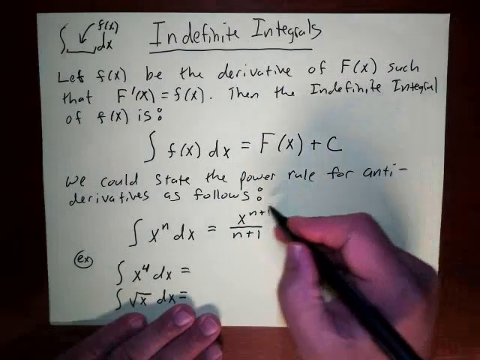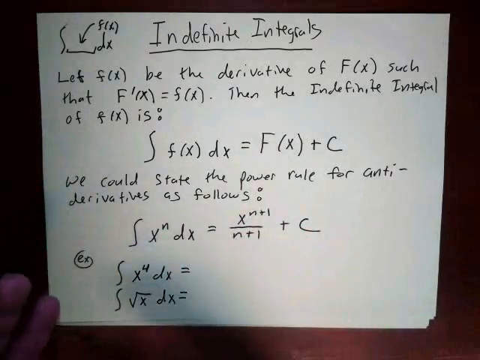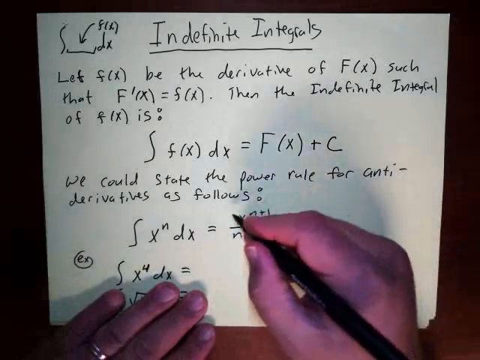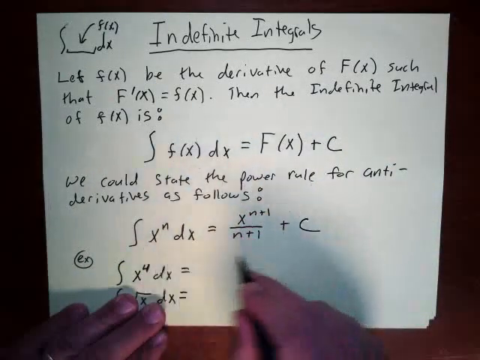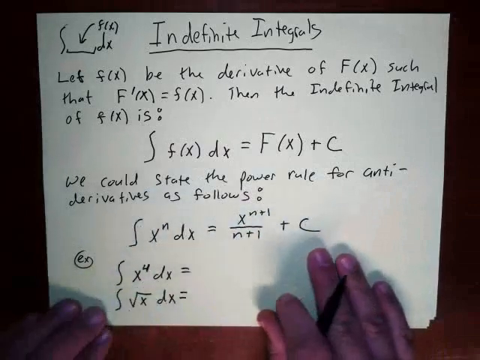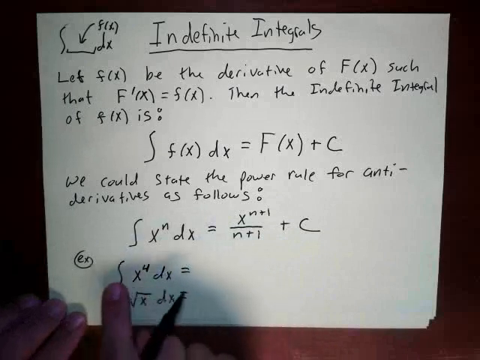This is basically the power rule we used in the last video for finding the antiderivative of a power, and this is just writing it with the exponential notation. Okay? So let's try a couple examples.